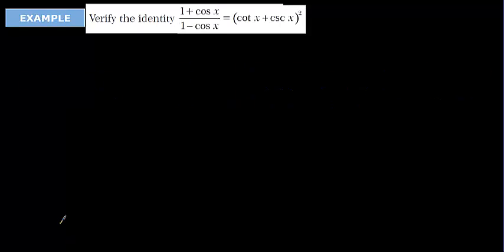This is the last question about verifying the identity. We are going to start from the left side or from the right side. Actually, we solved one example in the class like this. Here 1 plus cosine x over 1 minus cosine x. Here we can use the conjugate rule.